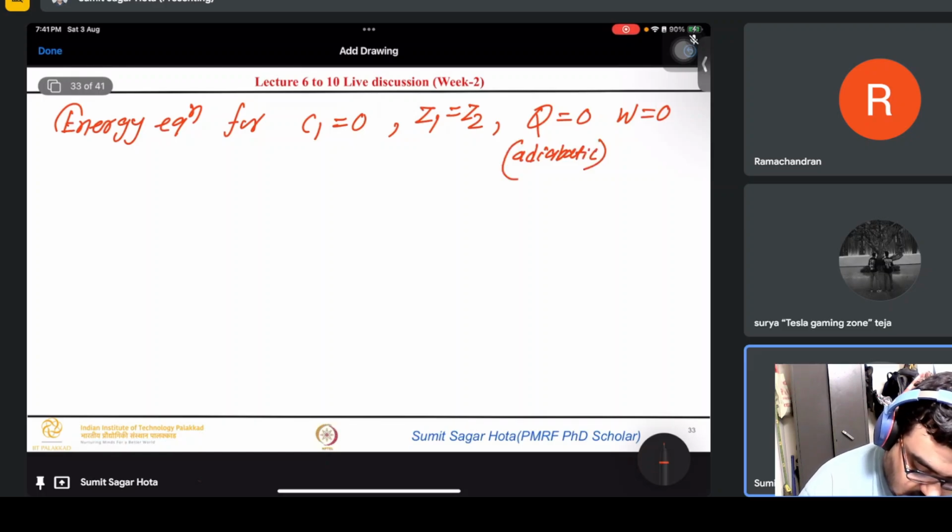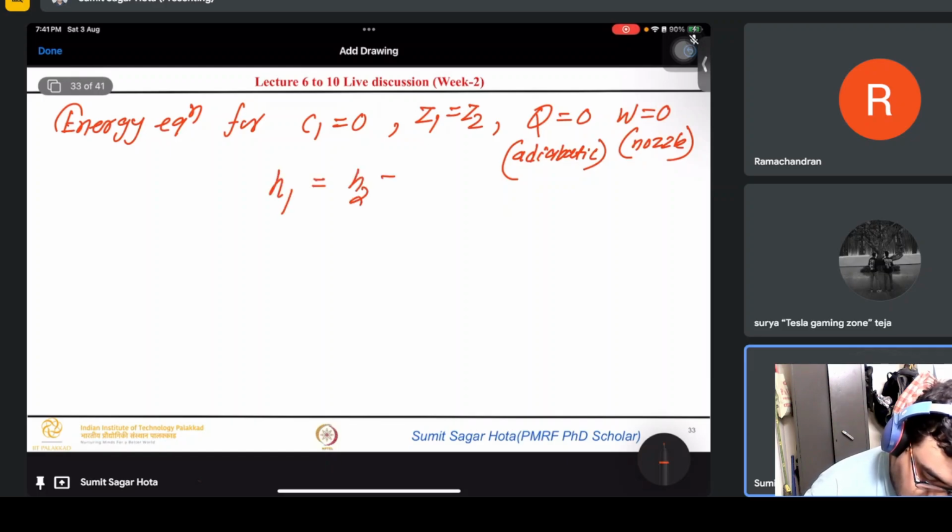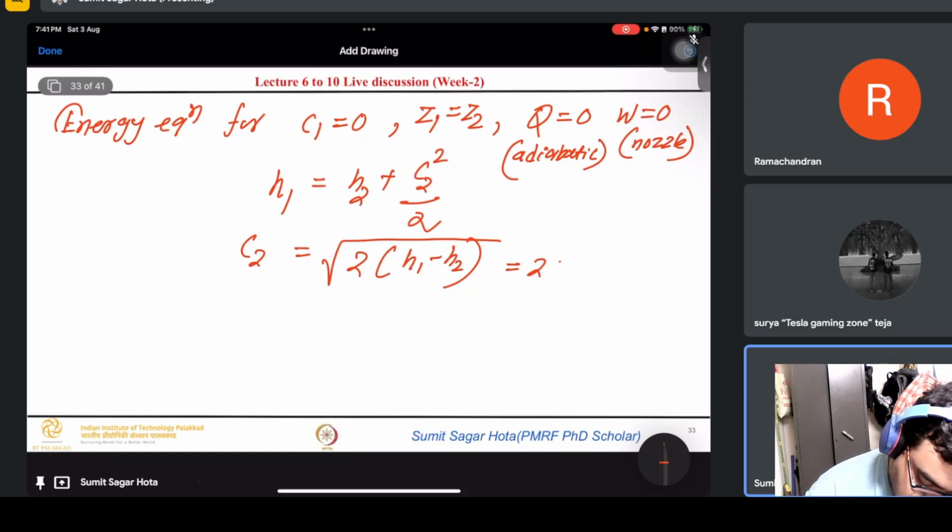There is no work done in the nozzle. So for all these conditions, H1 is equal to H2 plus C2 square by 2, and C2 is the square root of 2 into H1 minus H2, which is 2 Cp (T1 minus T2).